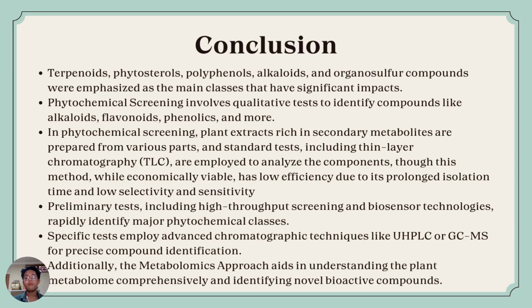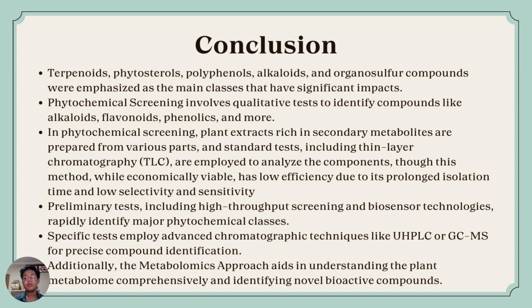The method, while economically viable, has low efficacy due to prolonged isolation time and low sensitivity and selectivity. Preliminary tests including high throughput screening and biosensor technology rapidly identify major phytochemical classes.